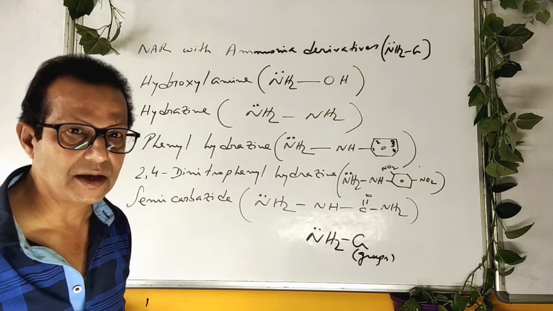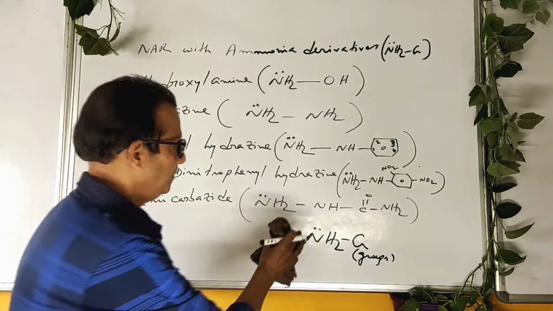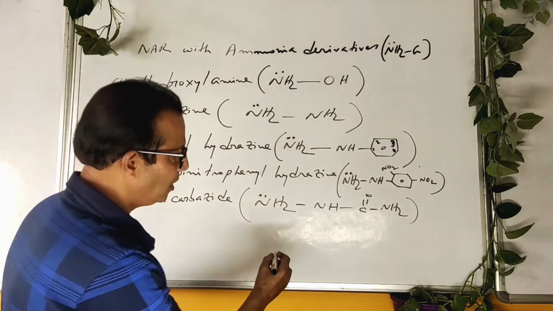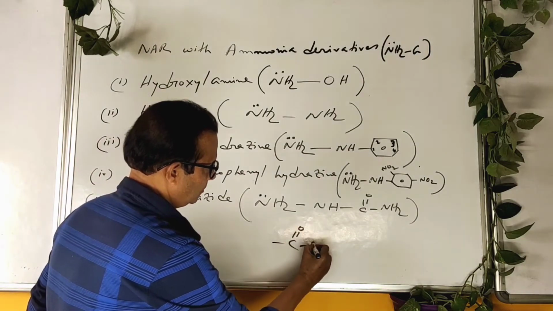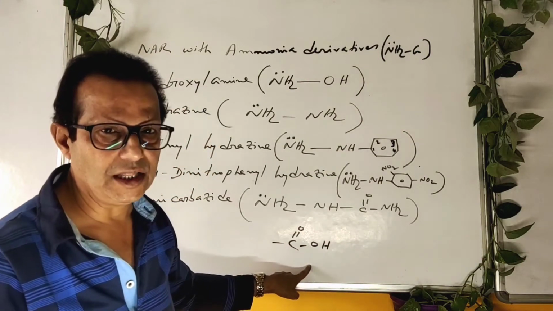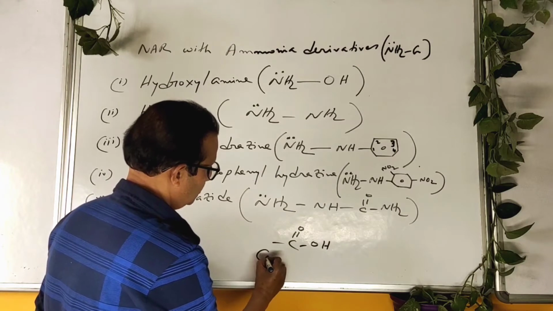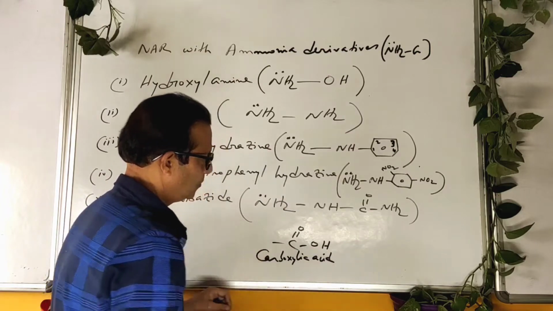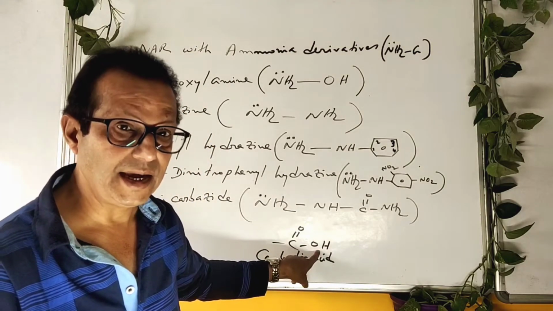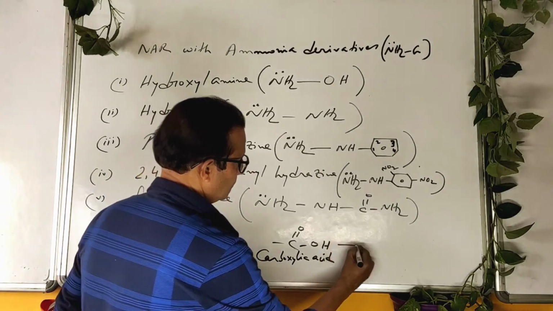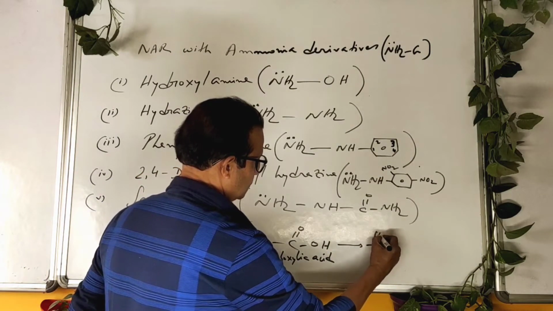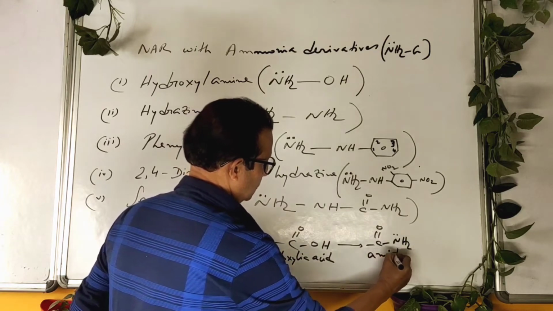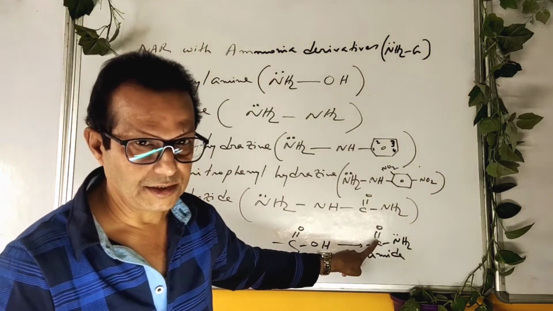How do you remember semi-carbazide? You know that carboxylic acid has formula. This is carboxylic acid group. If you replace the OH group by NH2, it's called amide.